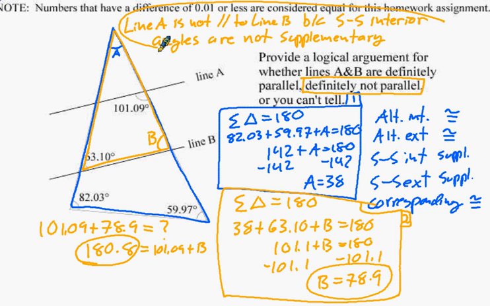This is your answer. Right? Notice that if this was 180.01, it would still be within our tolerance, and we could say they were parallel. But this is way off from that. So clearly, they are not parallel.